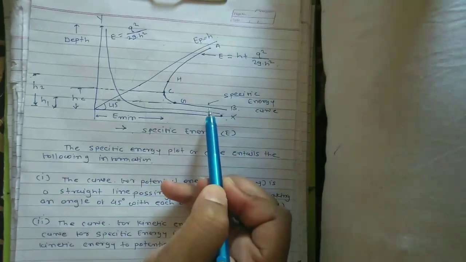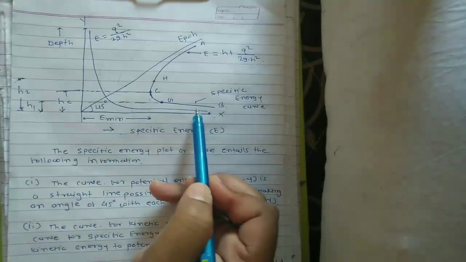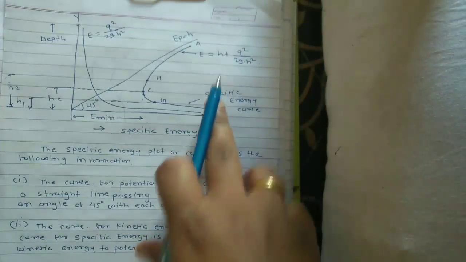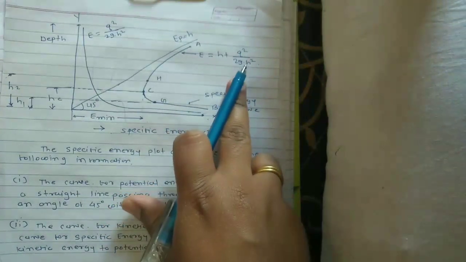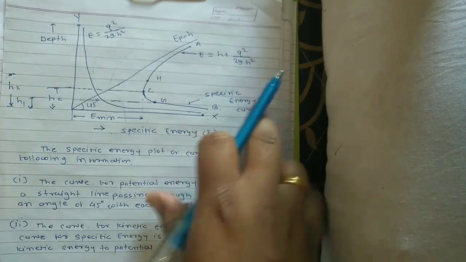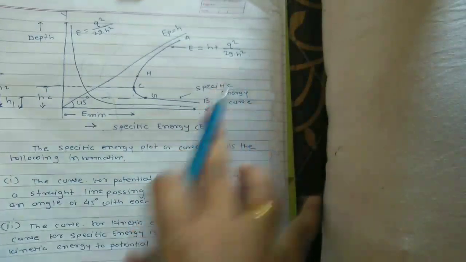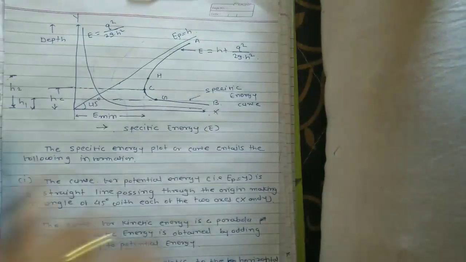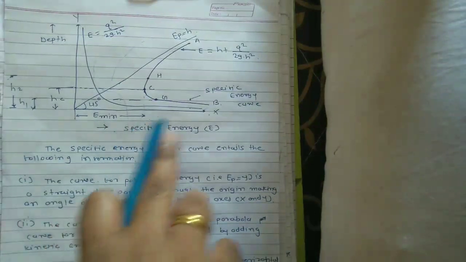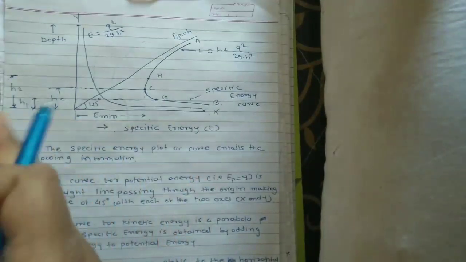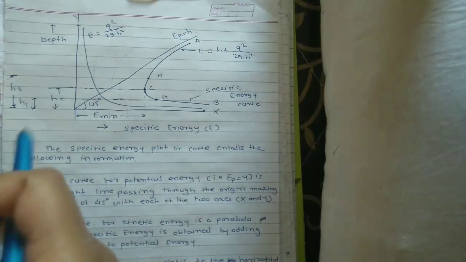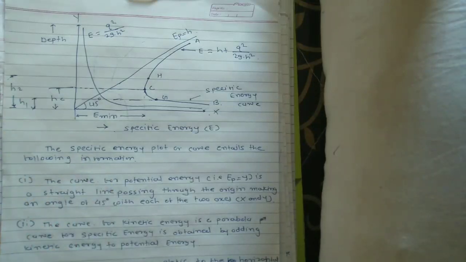That is nothing but your specific energy curve. The equation is E equal to h plus q square by 2g into h square. So we can obtain this specific energy curve in this manner also. So there are two methods to draw the specific energy curve.